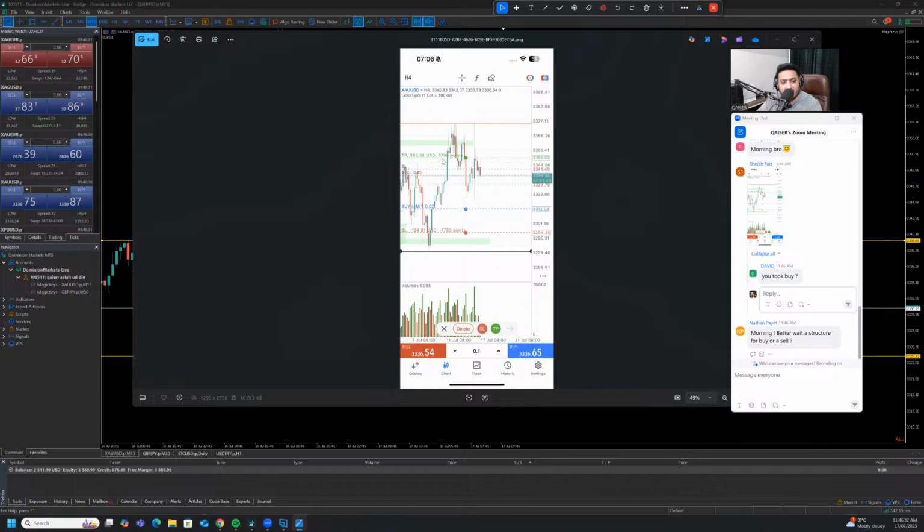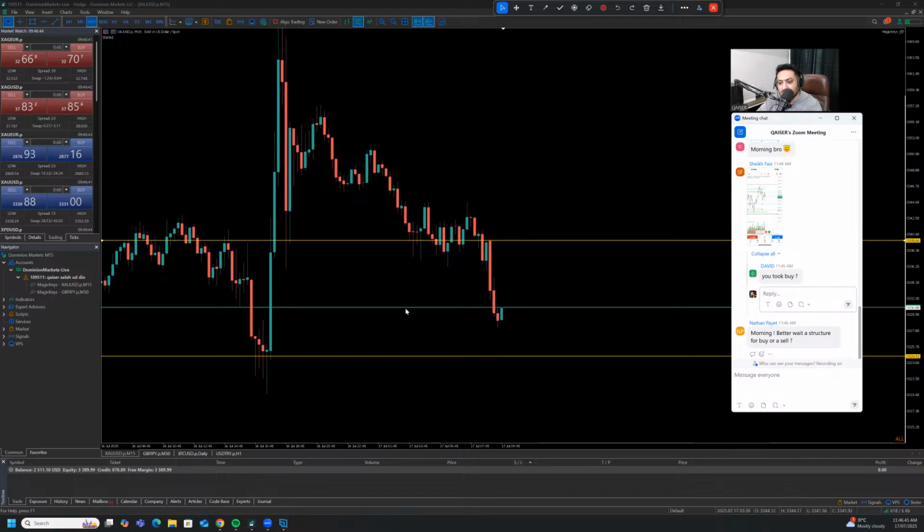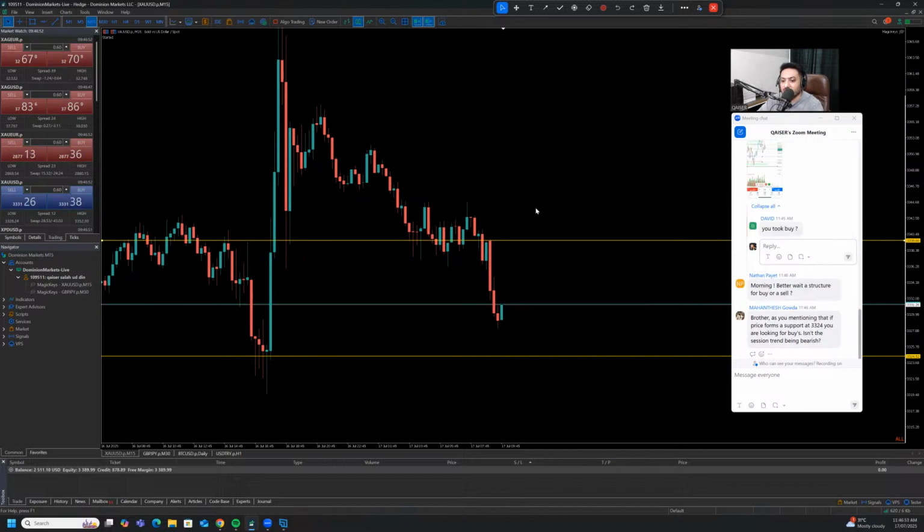You took a buy limit, SL was here at 32.94. What is this? You need to send a proper chart, buddy. Just send a proper chart or make some points on what you're trying to explain there.